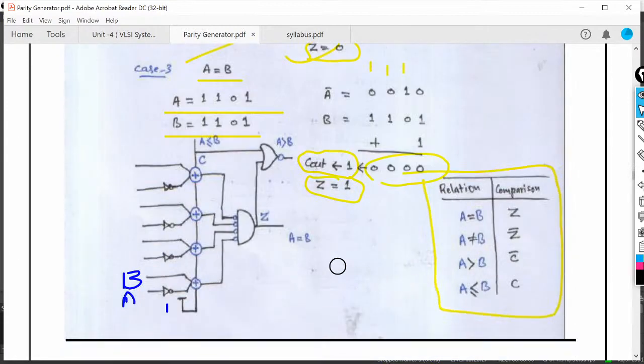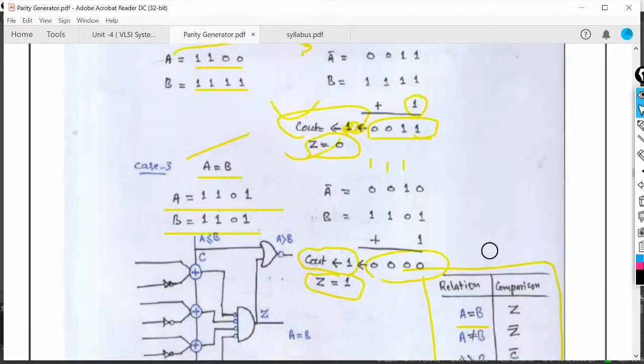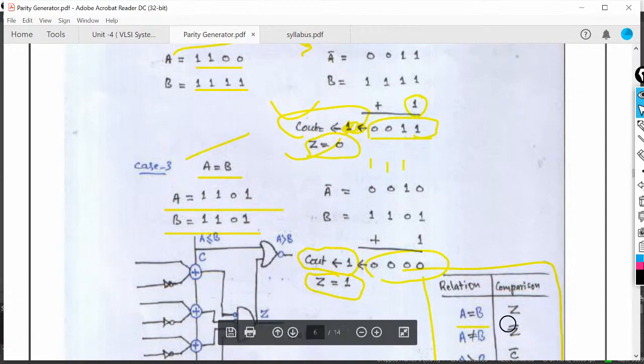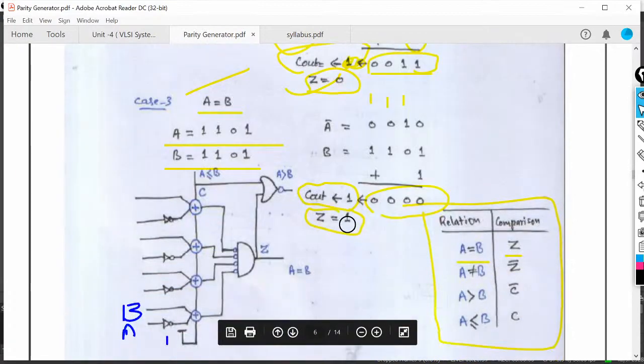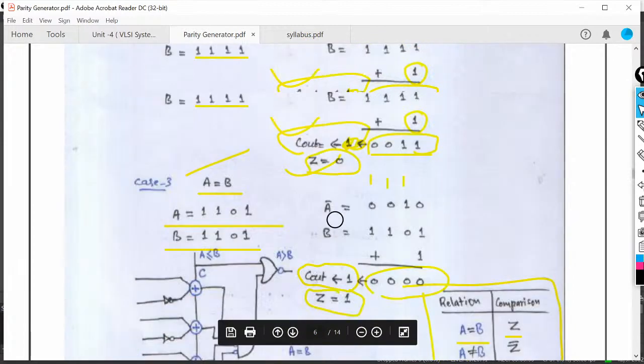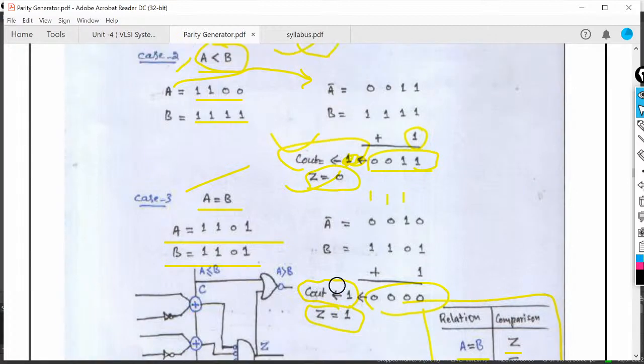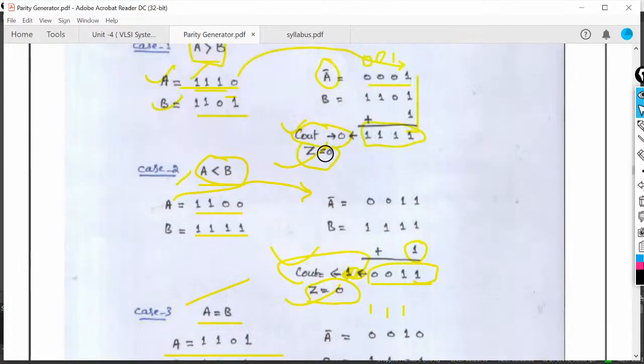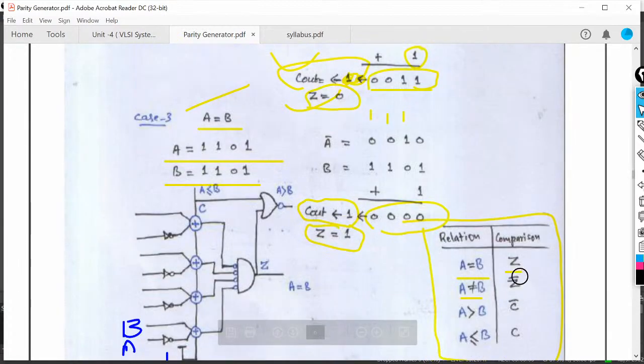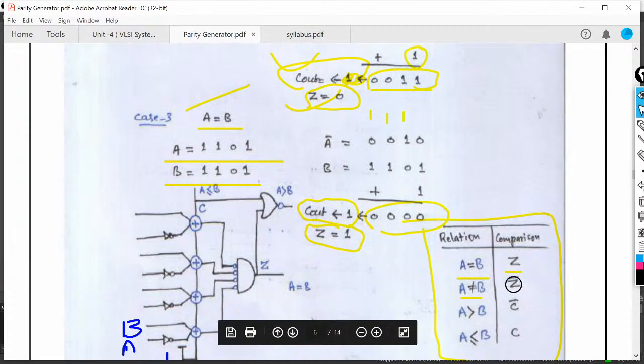Here you can see when a equals to b, at the time z equals to 1. When a does not equal b, it means any condition except the last one, z equals to 0. If you are taking the first bit as z, for the second condition it will be z bar.